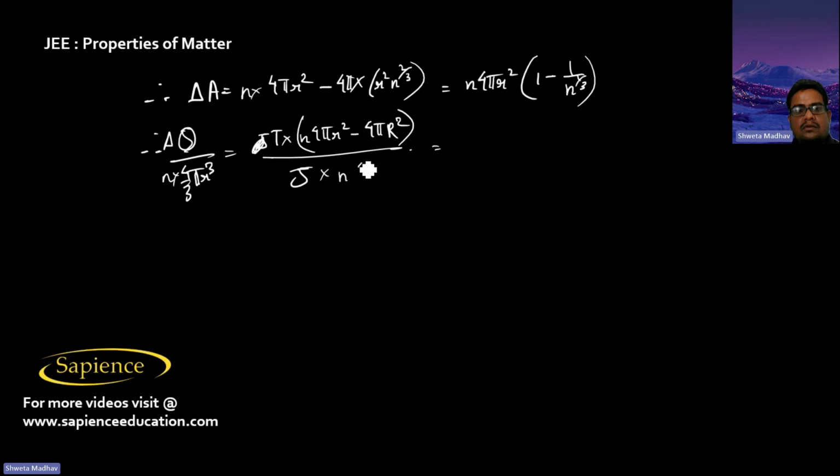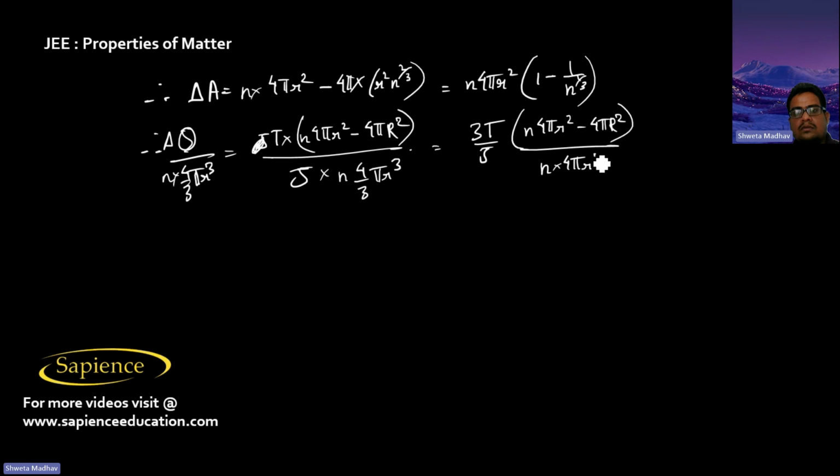This divided by N into 4/3 pi r cube will be 3T by J into N 4 pi r square minus 4 pi R square divided by N into 4 pi r cube.